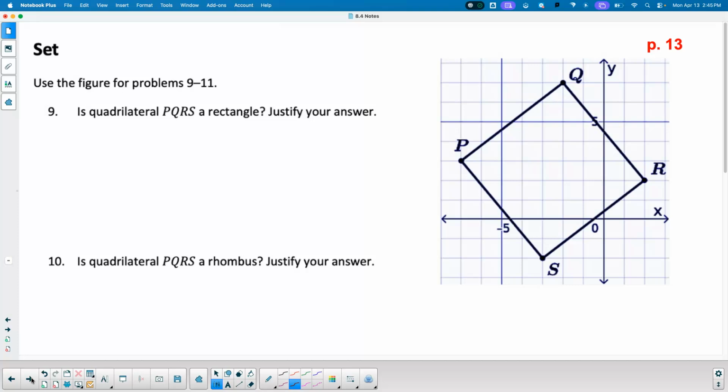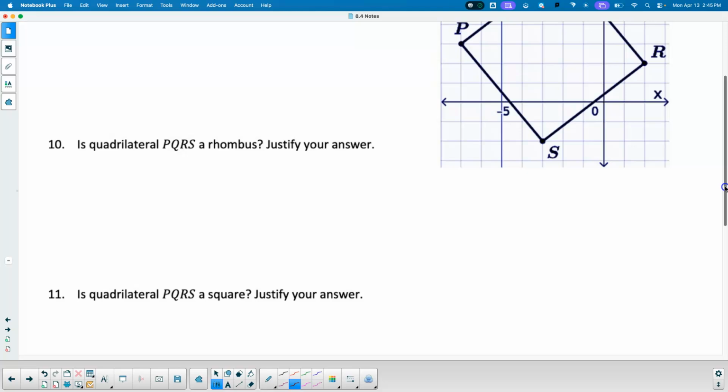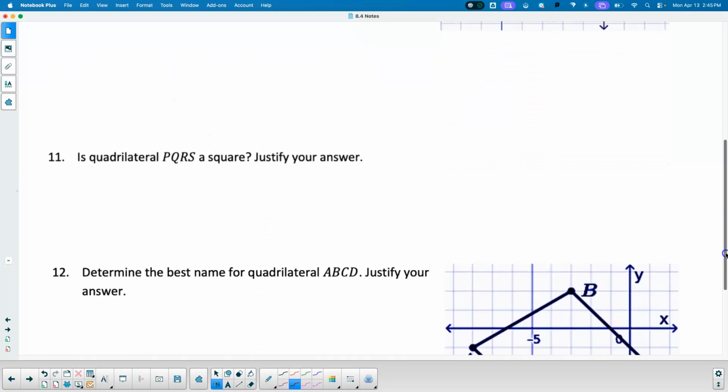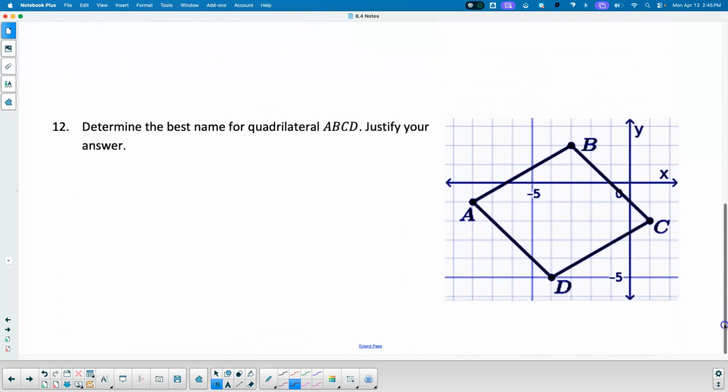If it was a rhombus, same figure. So after you figure out those 4 side lengths, the 4 slopes, then it's asking you if it's a rectangle, if it's a rhombus, or if it's a square. Same thing down here.